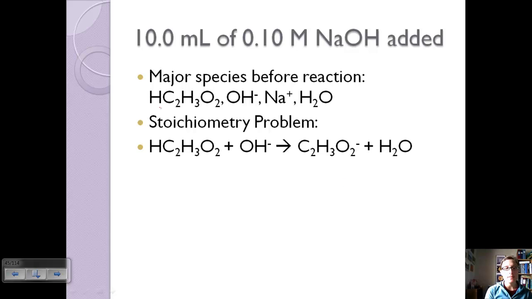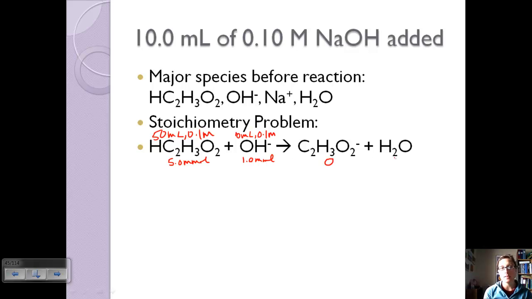We know we have 50 milliliters of 0.1 molar acetic acid. And so we multiply that together to get the number of moles. This is going to give us 5 millimoles to start with. We know we have 10 milliliters of 0.1 molar NaOH, and so when we multiply those together, we're going to get 1 millimole.